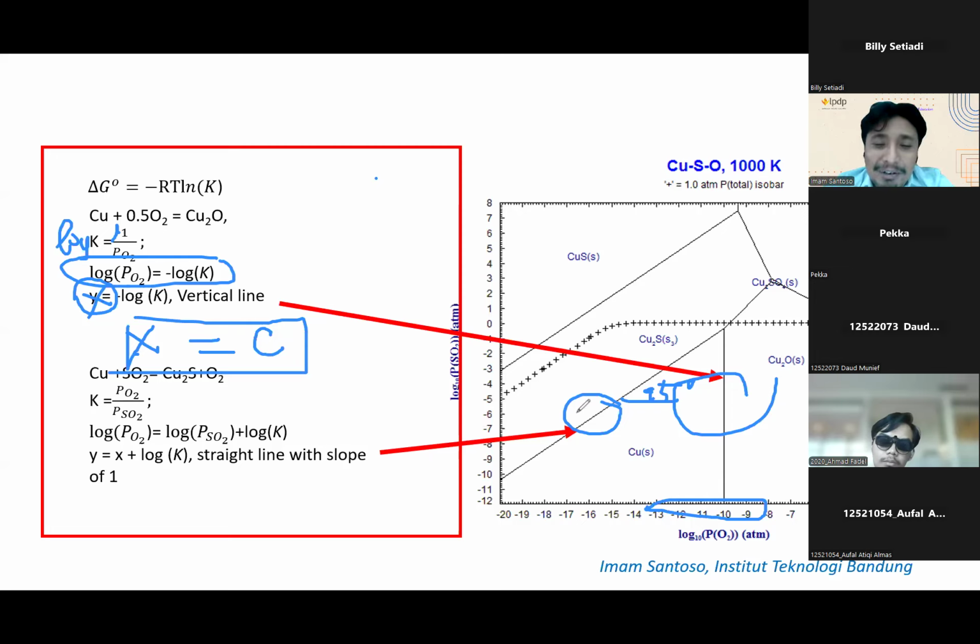Okay, then how to draw this line, the line with gradient of 1.